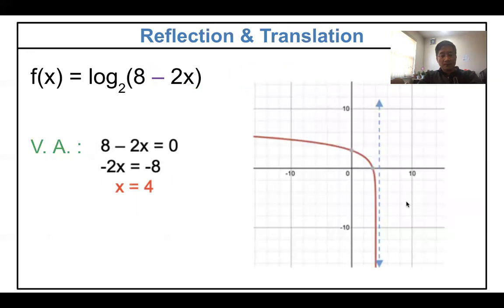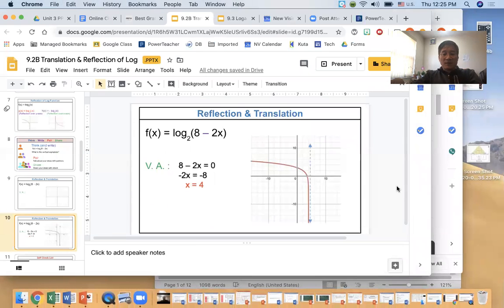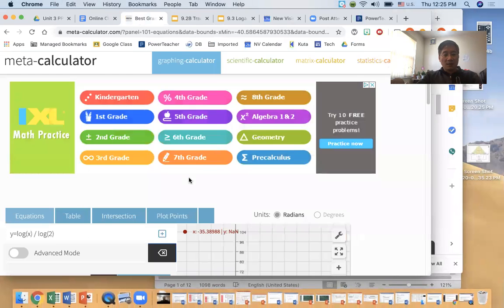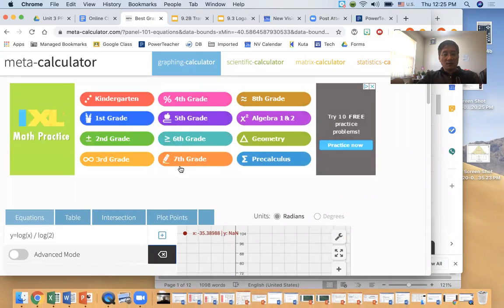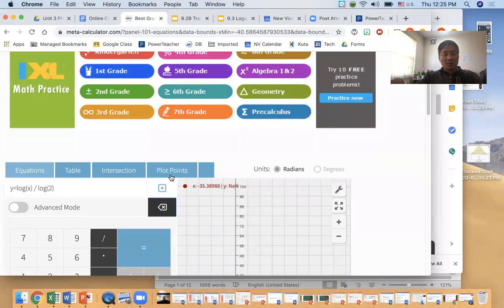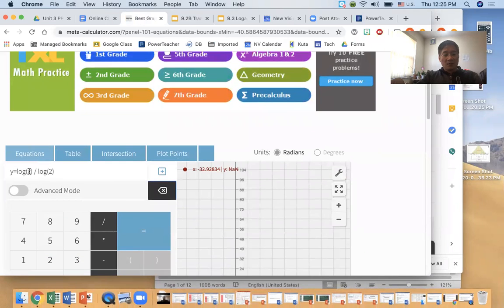Now, let's see briefly how to put it into the calculator to draw the graph in detail. So I'll go to the Meta calculator and choose the graphing calculator. In the function, I write down the equation here.